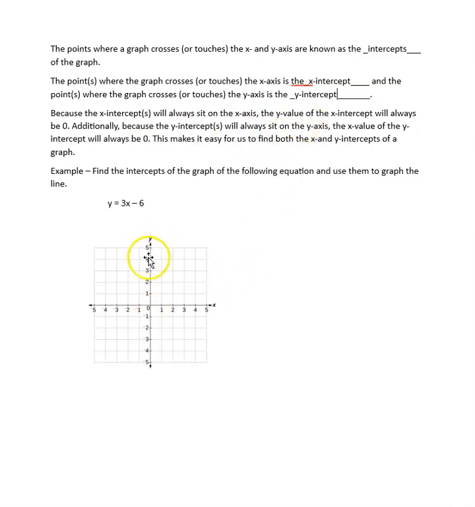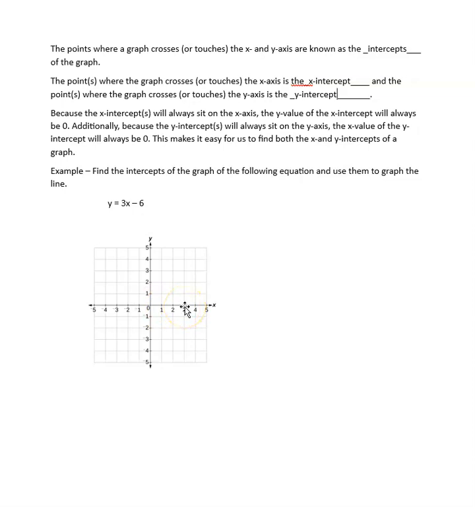And likewise, any point that is on the y-axis is going to have an x value of 0. So the y-intercept is always going to have an x value of 0.